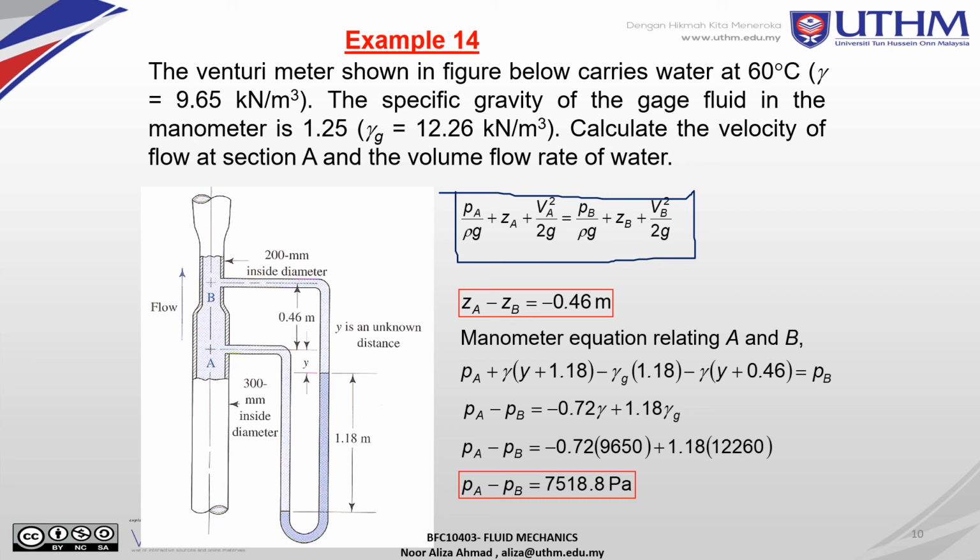Then the manometer equation relating A and B, from this one to this one, gives you PA minus PB, the pressure at A minus the pressure at B.